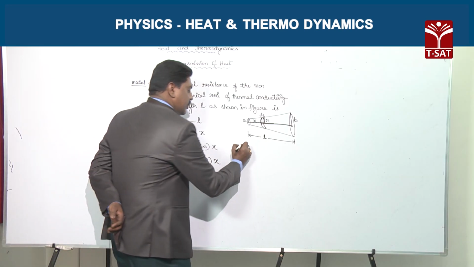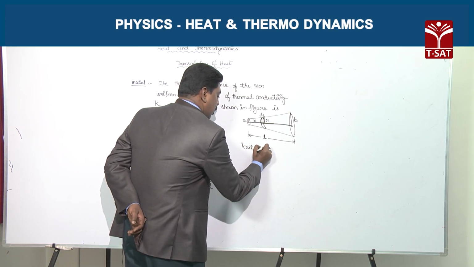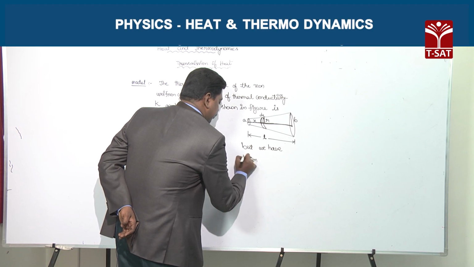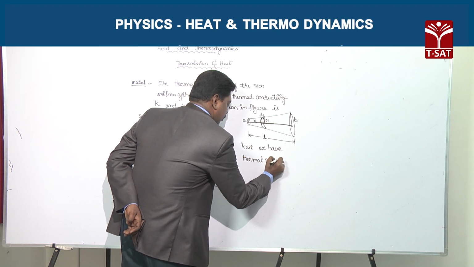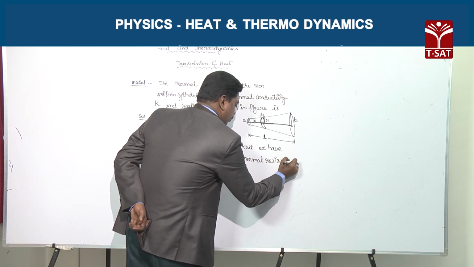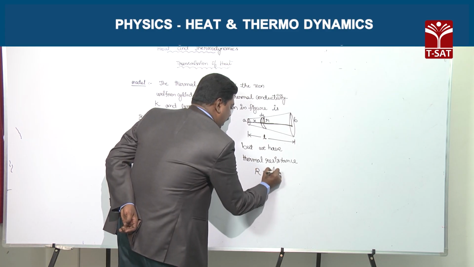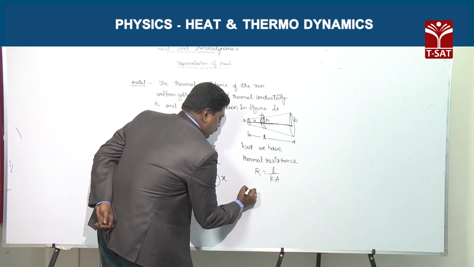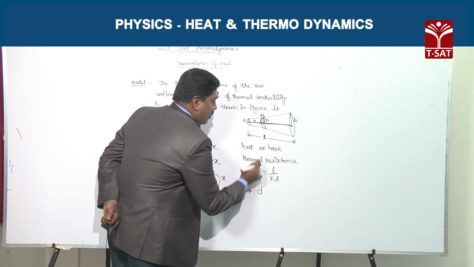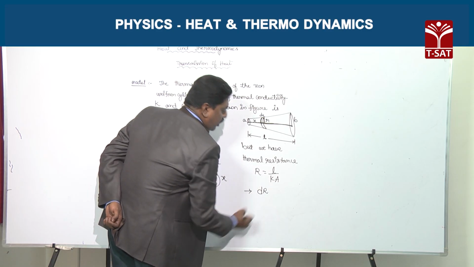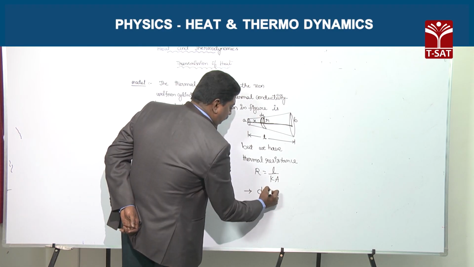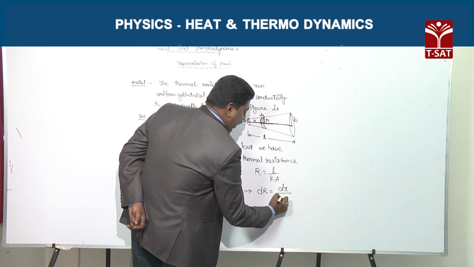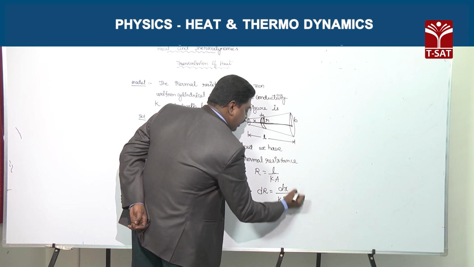But we have thermal resistance R equals L by KA. So for the small portion, the thermal resistance is dR, which equals dx by K into pi r square.